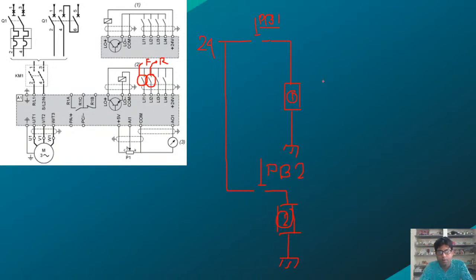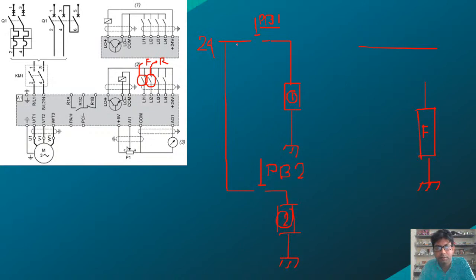So now what I am doing, I am using another relay contact, which I am giving as F. And this relay has both normally closed and normally open contacts.